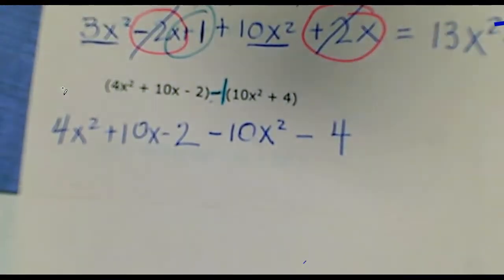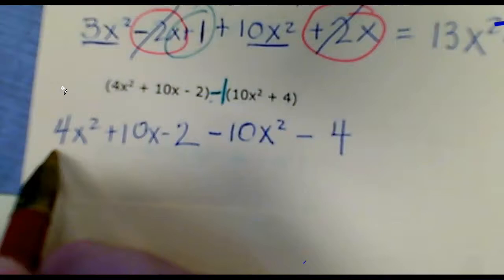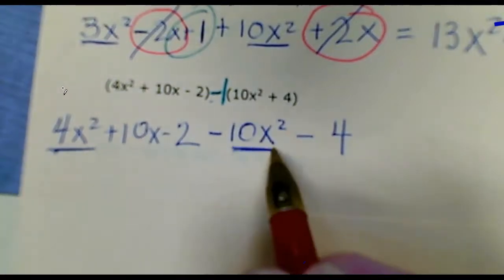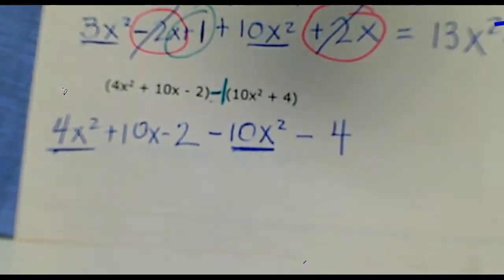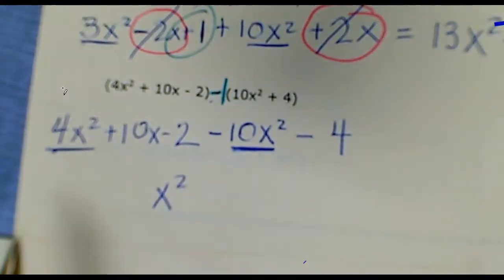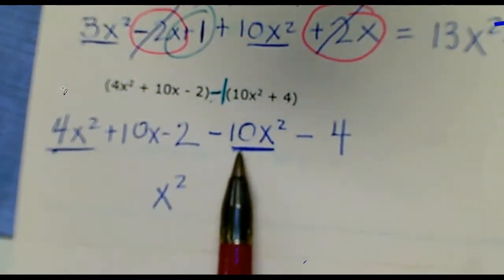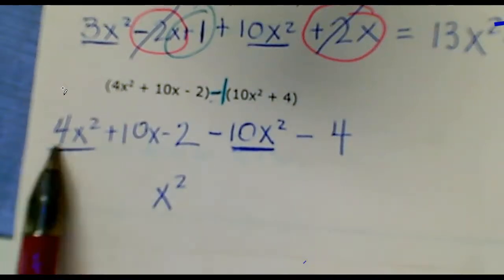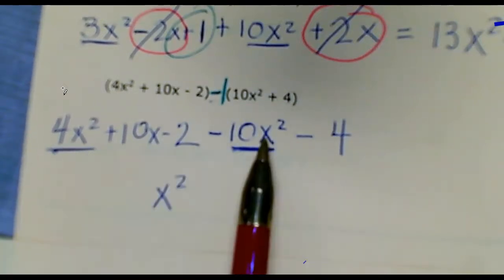Now I look for like terms. This has an x squared and this has an x squared. Now this may get tricky. This is a 4 and this is a -10. My integer rules say that when you have the same, oh no, I don't have the same sign. I have different signs. You subtract them.